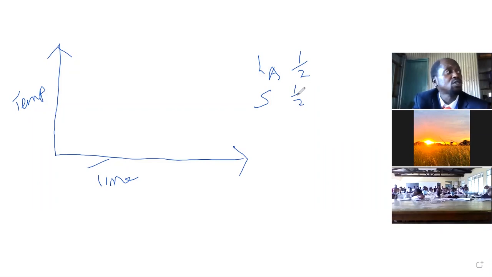Between your lowest and highest plot horizontally should occupy over half of the graph space. Between your lowest and highest plot vertically should also occupy over half of the grid or the graph space provided.